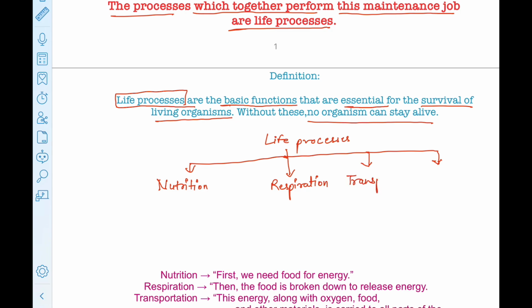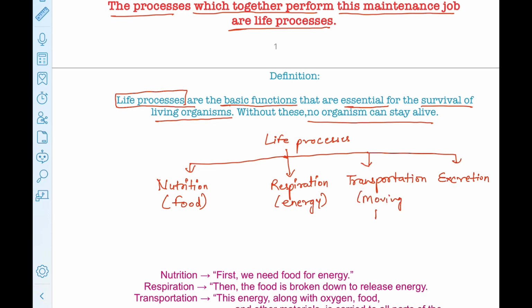Third is transportation and fourth one is excretion. Okay, nutrition is what? Food. Respiration provides us energy. Transportation helps in moving things and excretion helps in removing wastes, right?